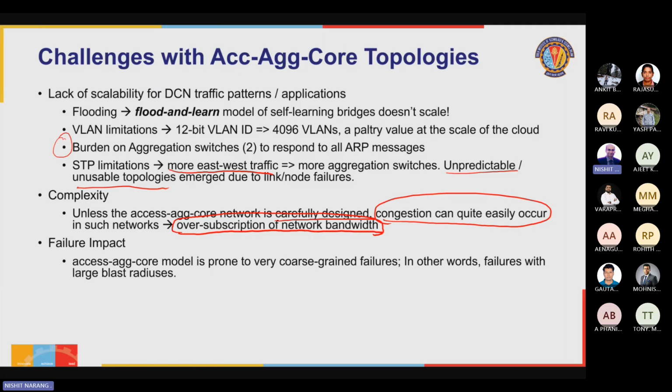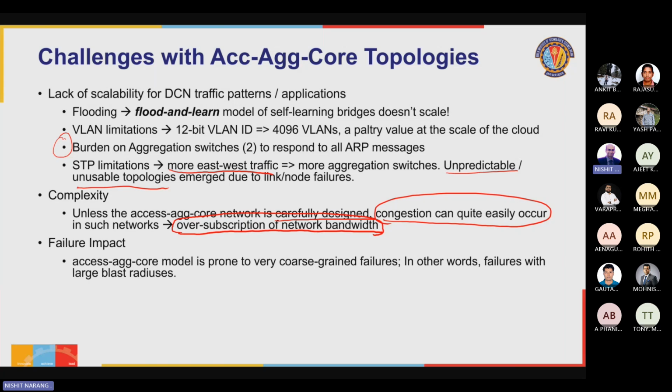Similarly, in networks, when we measure the impact of a network failure, we measure it by what we call the network blast radius. So we say if there's a single failure in the network, what is the impact of that on the overall network? Okay, that's what we mean by the blast radius. Now, in access aggregation core topologies, network failures result in very coarse-grained failures.